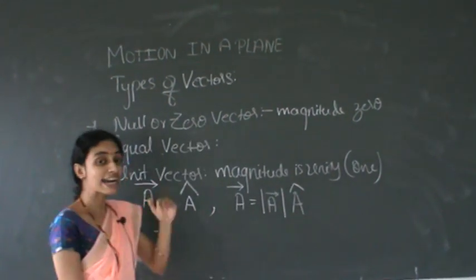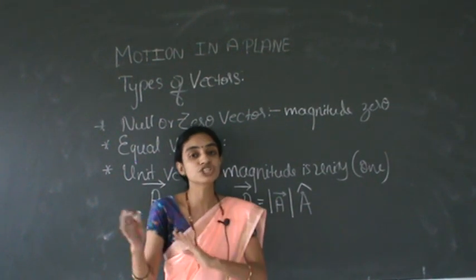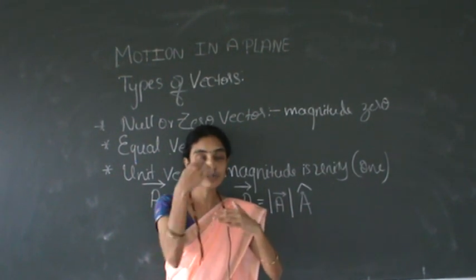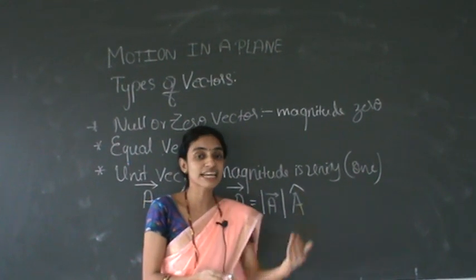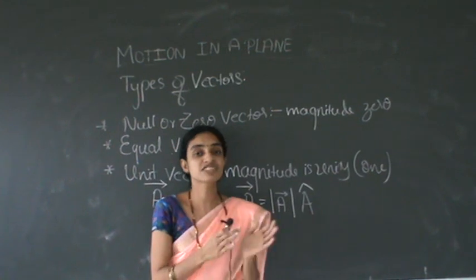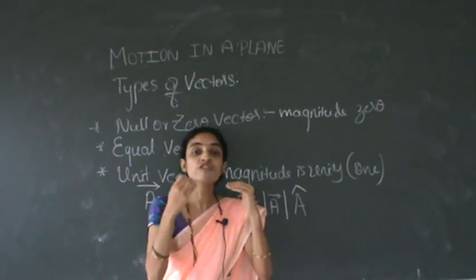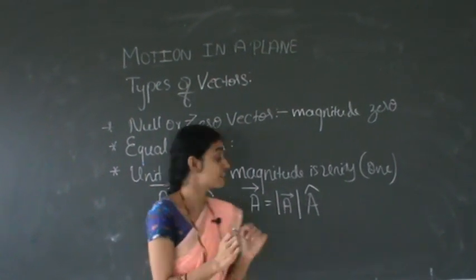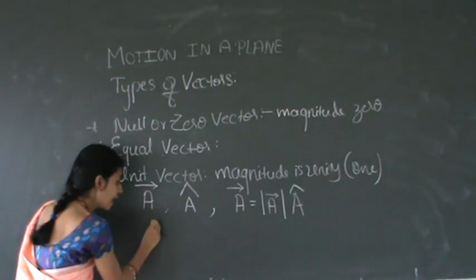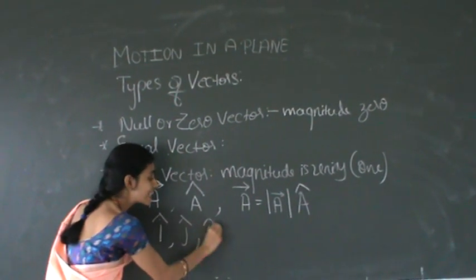Especially in a Cartesian coordinate system, when we represent the motion of a particle with respect to the x-axis, y-axis or z-axis, in order to say the direction, we do not say x direction, y direction or z direction. Instead, we use the unit vector notation, that is i cap, j cap, k cap.